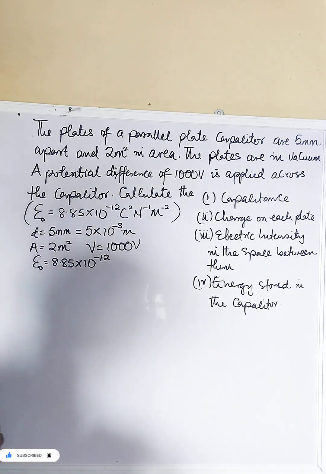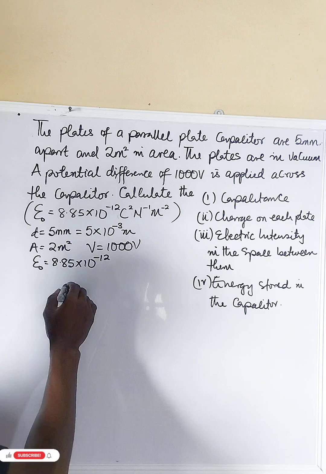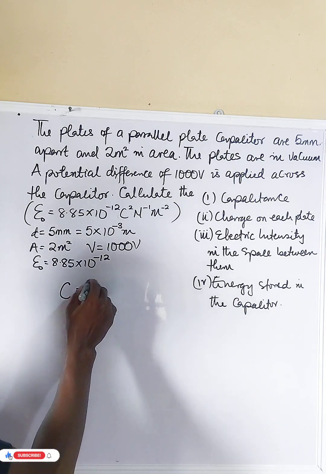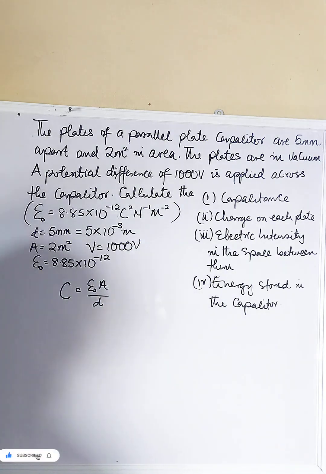Now let us start with the capacitance. The formula for the capacitance is C equals epsilon naught A all over the distance.